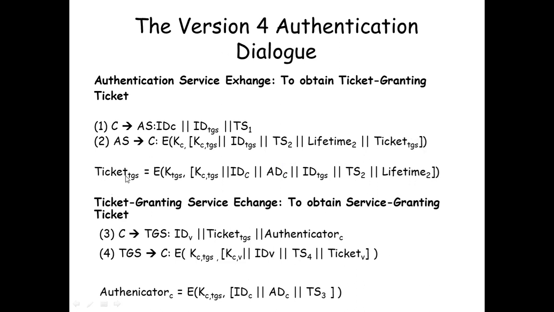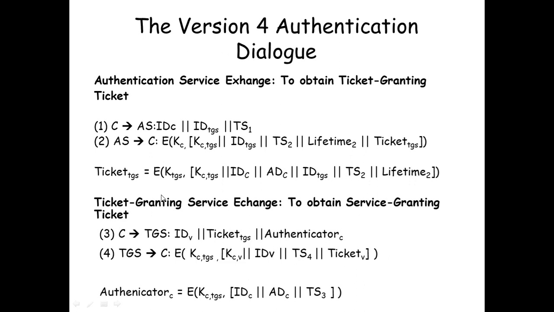This TGS ticket will have all this information, and it can be decrypted only by the ticket granting server. It will have the ticket granting server key and client key, which is shared, the identifier and address of the client, the identifier of the ticket granting server, the timestamp, and the lifetime.